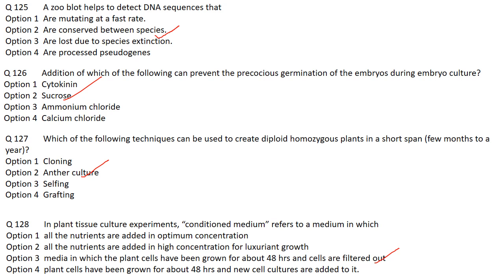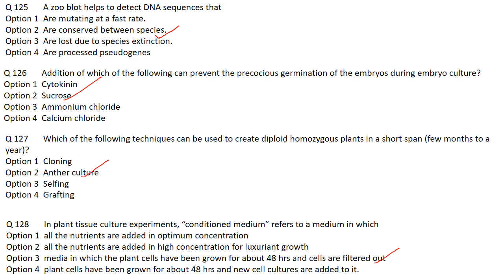Then in plant tissue culture experiment, conditioned medium refers to medium in which, so media containing components secreted by cells which are required by another set of cells is called conditioned media. And the answer here is option 3, media in which plant cells have been grown for about 48 hours and the cells are filtered out.